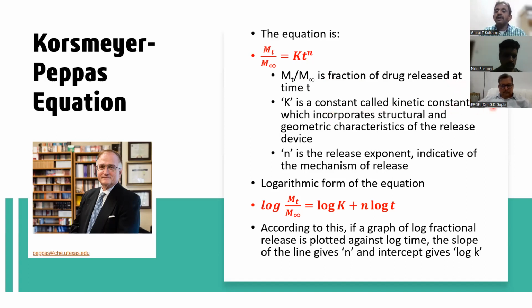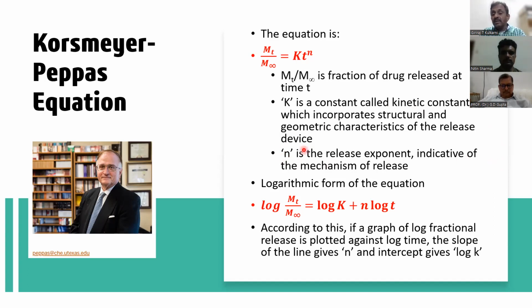K is a constant called kinetic constant, which incorporates structural and geometric characteristics of the device. If the device is round, rectangular, or square, what is the thickness of the device, or what is the porosity of the device? Based on all those things, the K value changes. n is the release exponent, which is obtained from the slope of the Korsmeyer-Peppas equation.